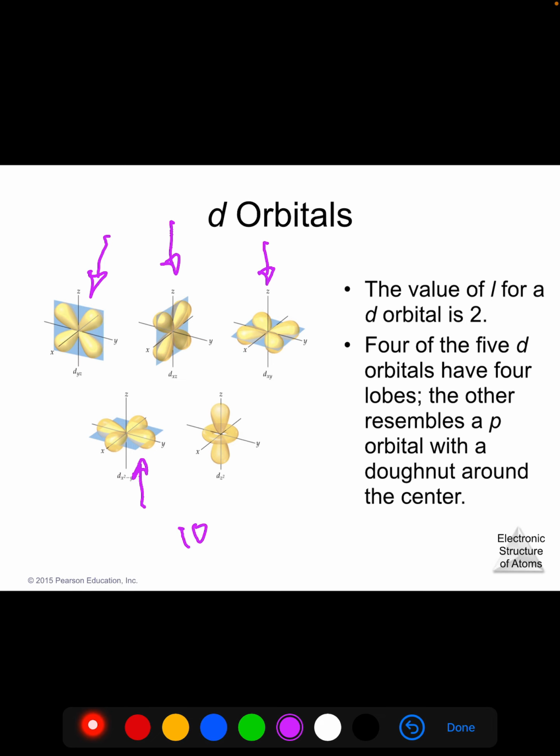Remember I said there's 10. Well, there's 5 orbitals that can accommodate 10 electrons. The last one is accommodated along one axis with what's called a torus, or a toroidal structure.